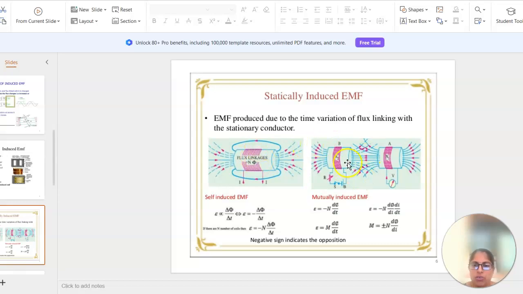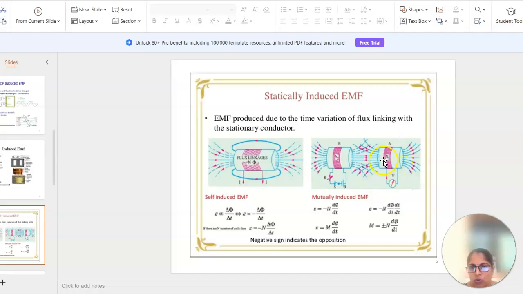And coming to the mutually induced EMF, we have two coils, namely A and B. We are giving supply to the coil B. Due to this supply current, there will be a setup of magnetic field, and this magnetic flux will link with the coil A also. So this flux linkage will induce EMF in the second coil.